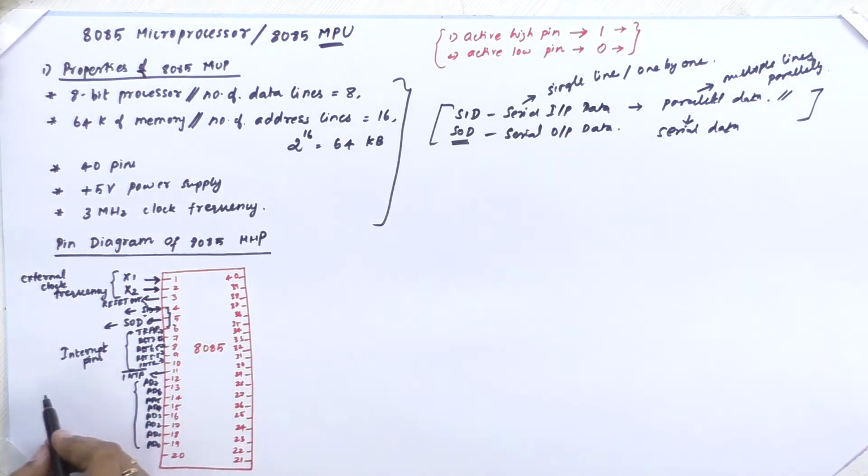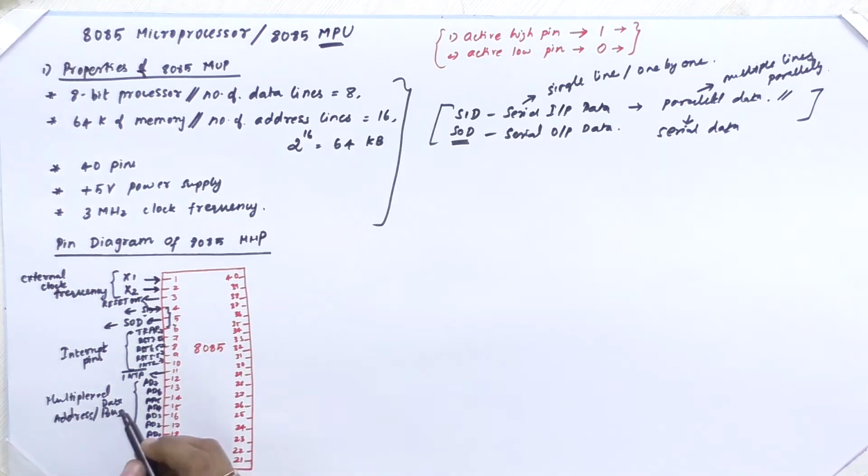They are called the multiplexed address and data bus. The term multiplexed refers to multi-purpose. It means that the same set of 8 pins can be used either as an address bus or a data bus. So this is the concept of multiplexed address bus.